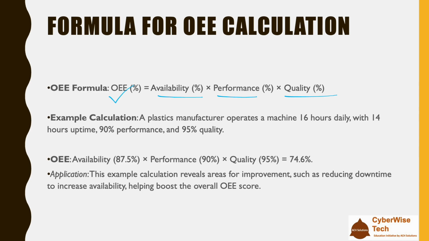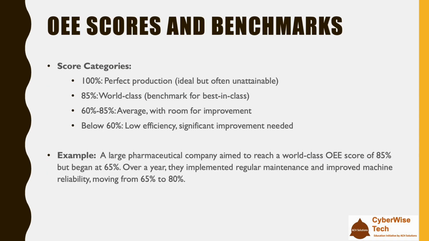Their availability is 87.5%, multiplied by 90% and then 95%, which equals 74.6%. This calculation pinpoints a specific area where improvements are needed, whether it's reducing downtime, improving machine speed, or addressing quality. You can identify what needs to be improved with this calculation.